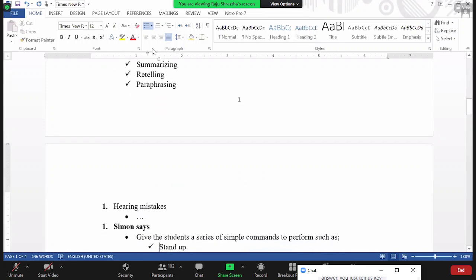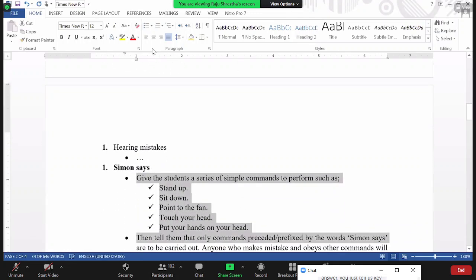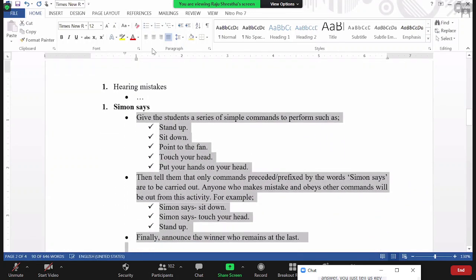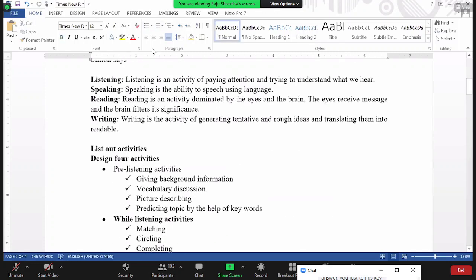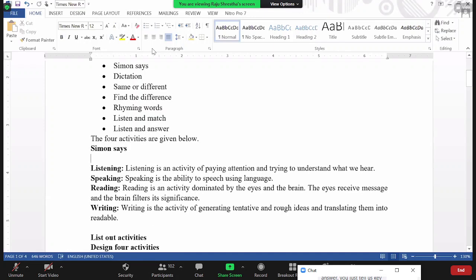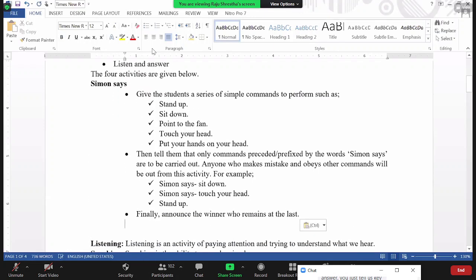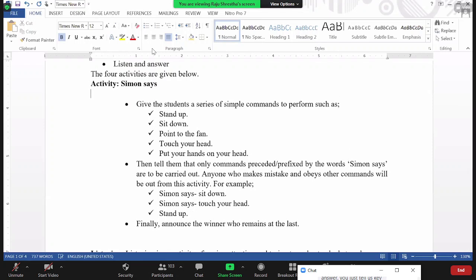This is just a sample, and now you can continue. Here you write like this: activity Simon says, and basic classroom delivery process.